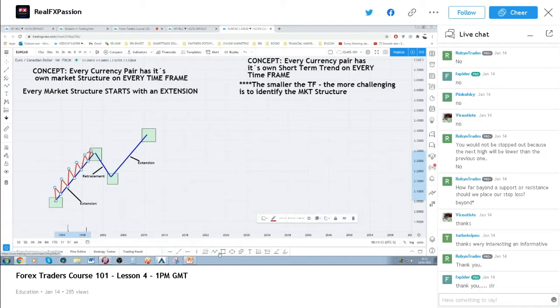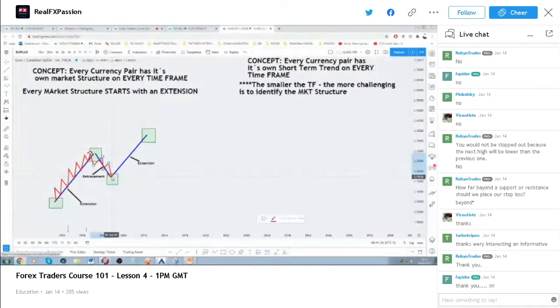So the market is going to start pushing down: lower lows, lower highs, lower lows, lower highs, until it finds some kind of support, pivot point, or whatever we're going to learn. And because the market must wave, and this is structure, it is going to change the direction of the short-term trend one more time. It's going to make higher highs, higher lows, higher highs, higher lows, higher highs.